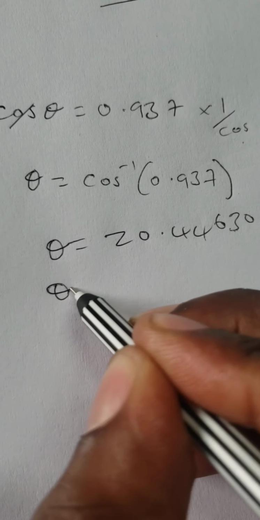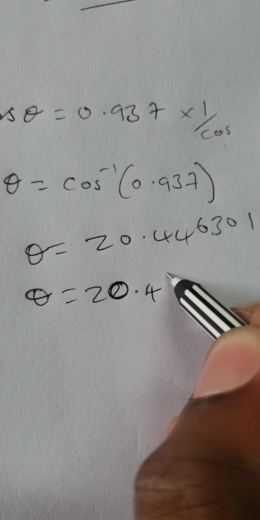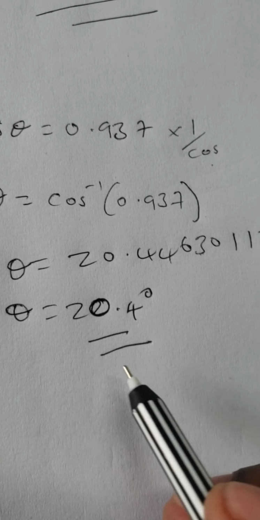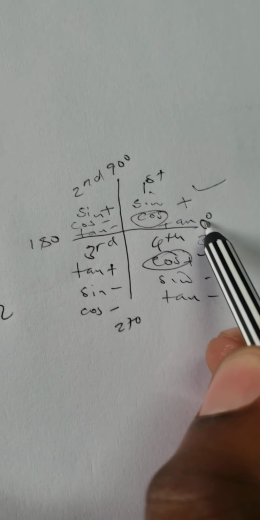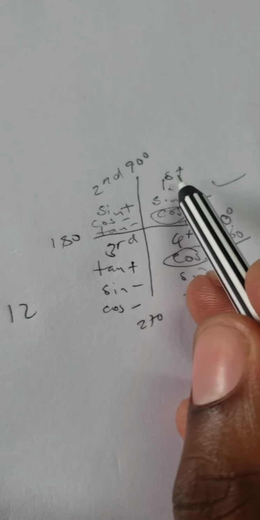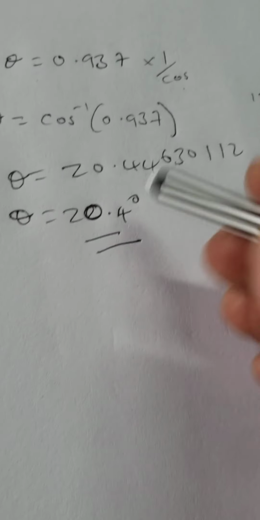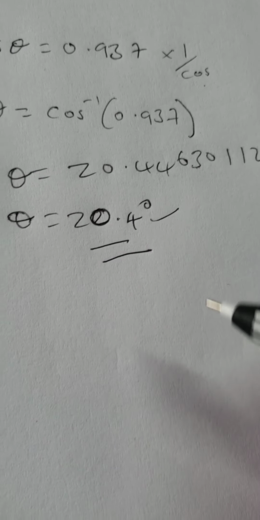Leaving our answer to 1 decimal place, theta is 20.4 degrees. That is in the first quadrant, because we are saying from 0 to 90, and 20.4 is inside there. So it satisfies that indeed theta is in the first quadrant.